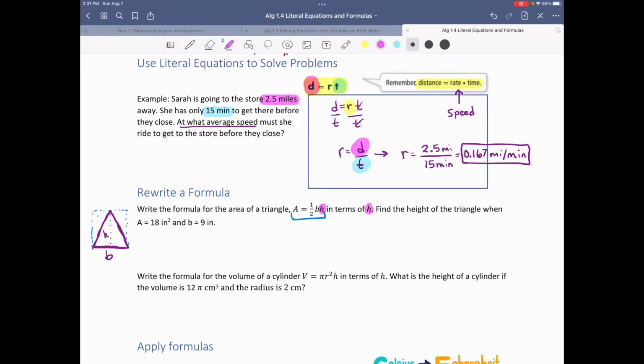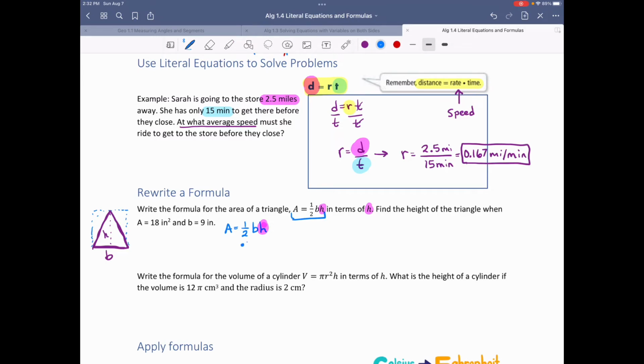All right, let's write that equation. For that formula, A equals 1/2 base times height. And we're looking for h. So the first thing I'm going to do is get rid of the fraction, and the way that I'm going to do that is multiply by 2.